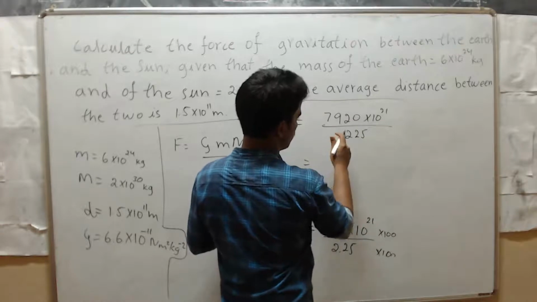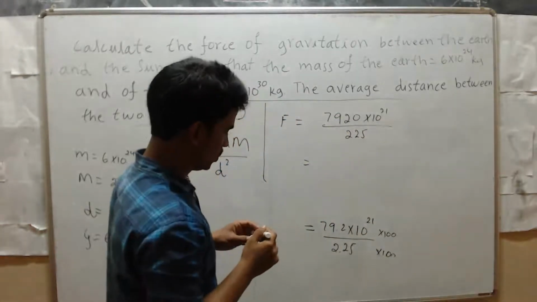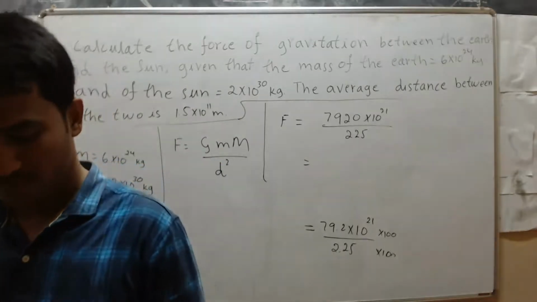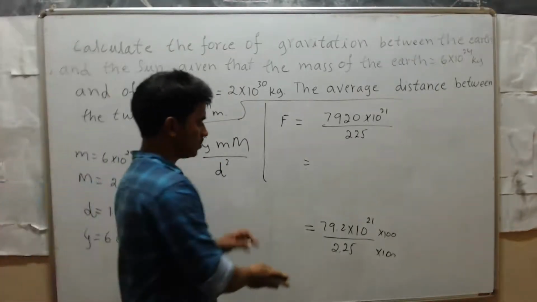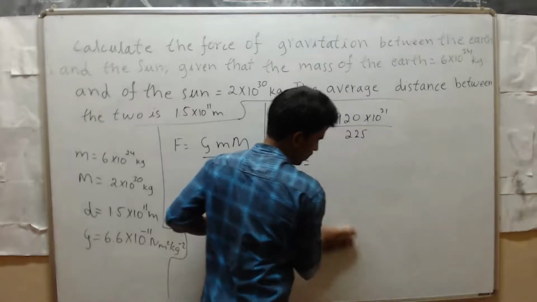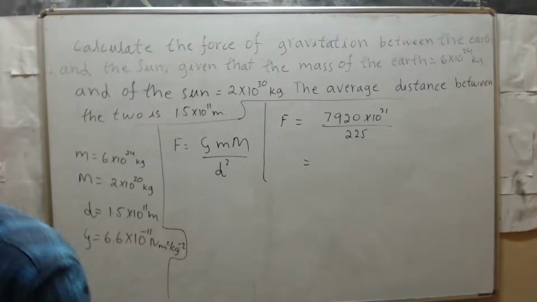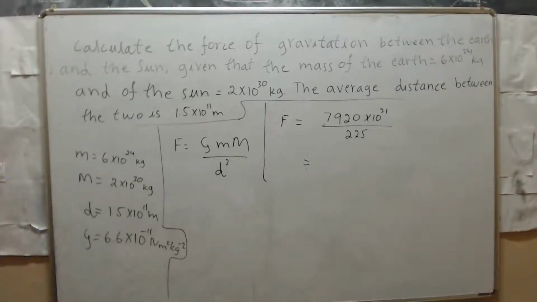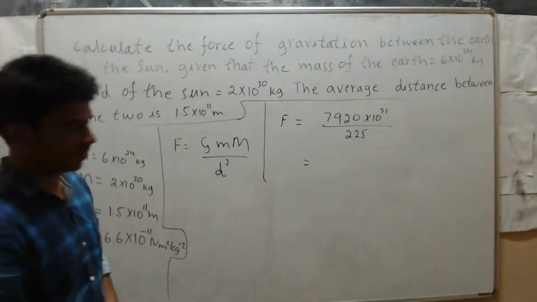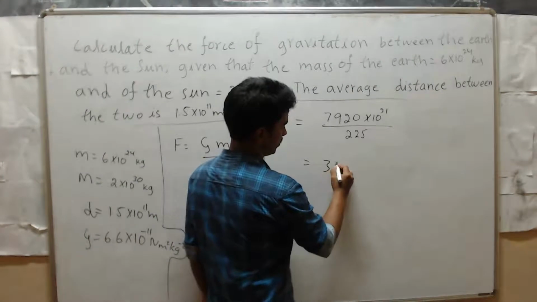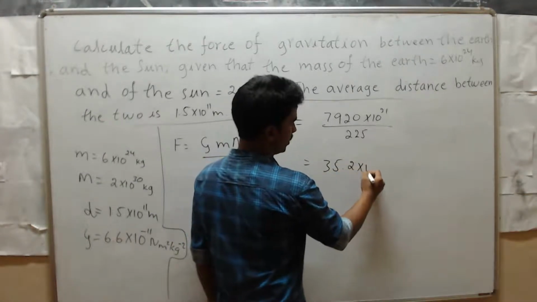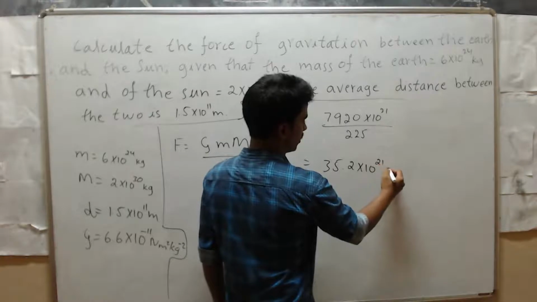So tell me the answer. First divide 7920 by 225. What is the answer? Quick. 7920 divided by 225, you will get 35.2 into 10 raised to the power 21 Newton.